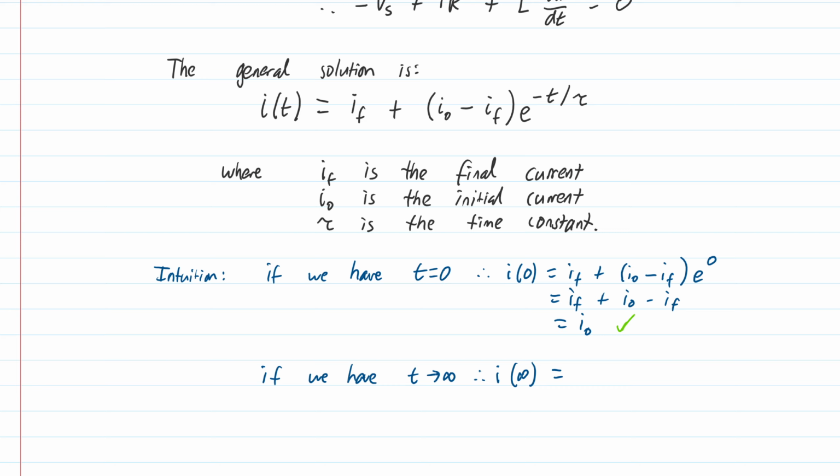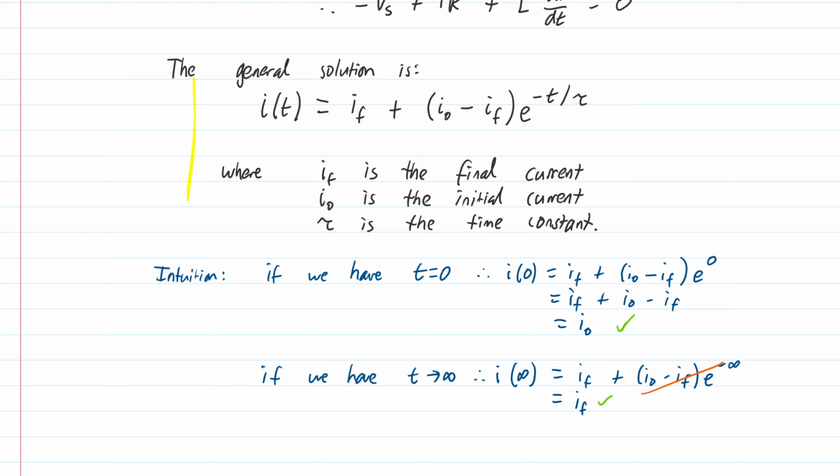So I of infinity will be, subbing these things in, I naught minus IF, and this e to the minus infinity, which will go to 0. So this whole term here will just vanish, and I'll be left with just the final value. And so that's the desired behavior there as well.